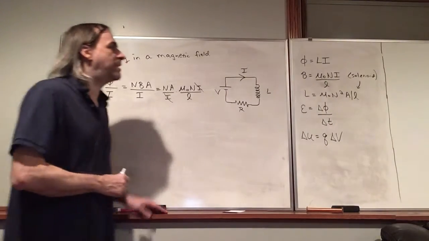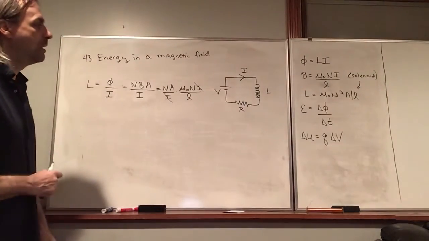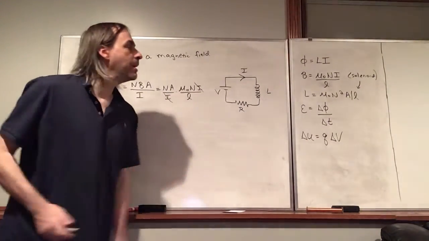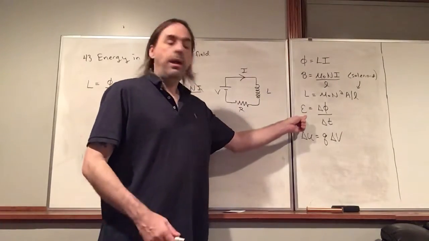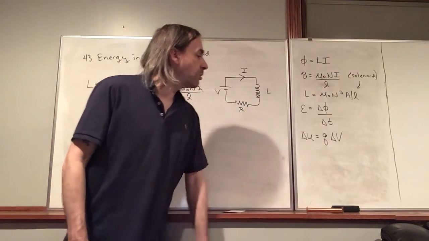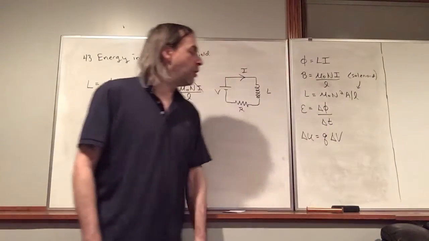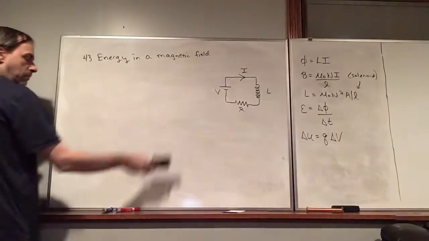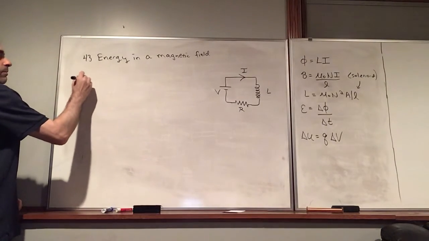We're going to start out, say we're at just some arbitrary current, and we want to increase it by a little bit. We're going to have to do work in order to do that, because we have to overcome this back EMF that comes from Faraday's law. And so remember, to force a charge through a potential difference, delta U is Q delta V, let's say the work that we have to do. So we're just going to increase the current by a little amount.